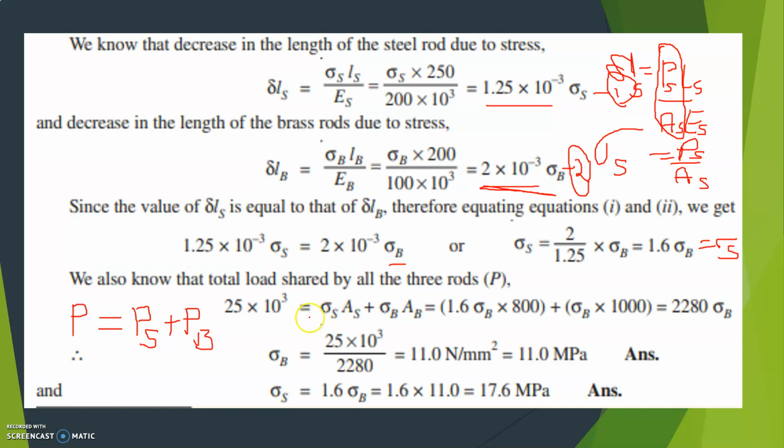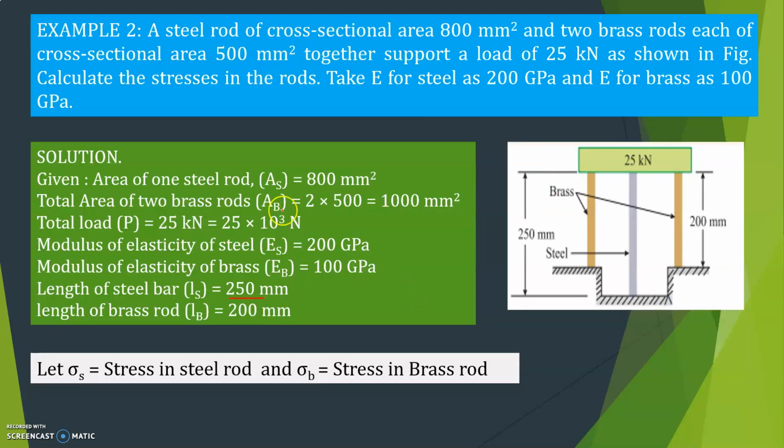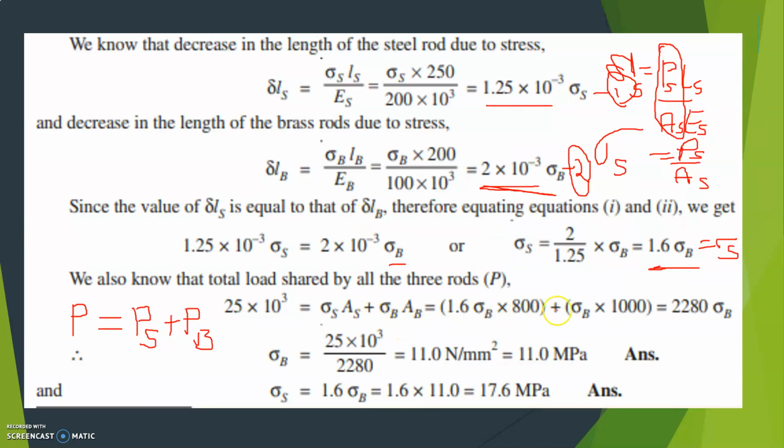So that's why here it is written sigma S into AS, that is, PS plus PB is sigma B into AB. So what is sigma S? Sigma S is equal to 1.6 times sigma B. So substitute that into AS, area of steel, that is equal to 800. So 800 plus sigma B, we don't know, let it be like that only, into AB.